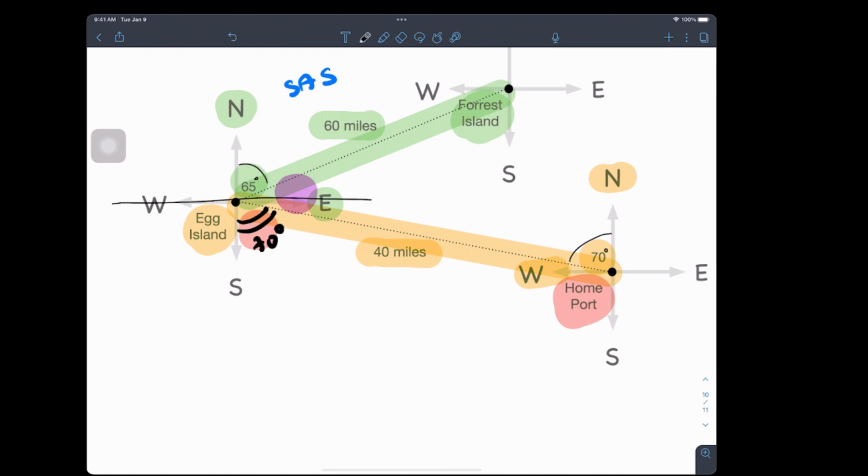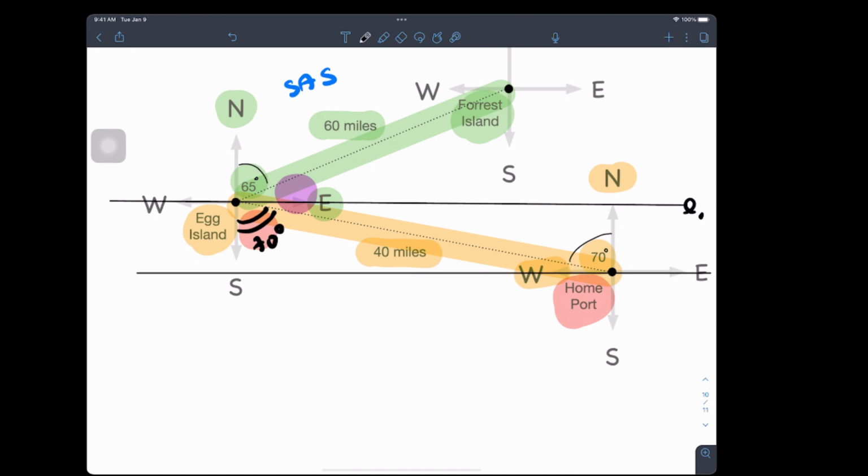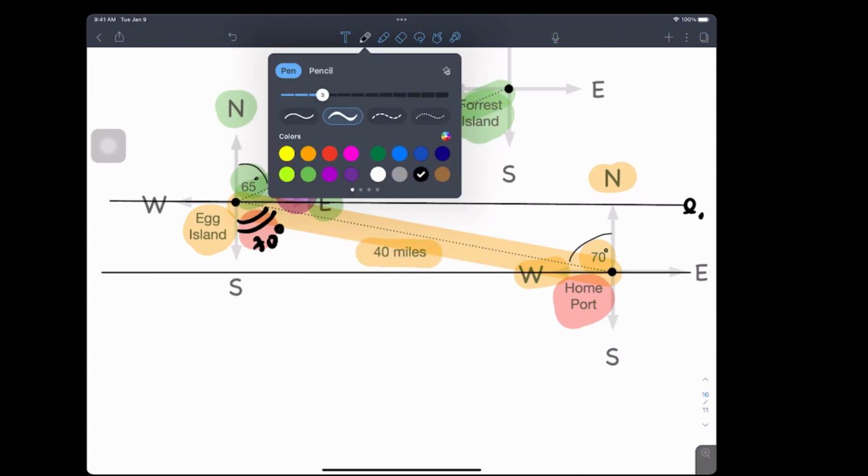You know what I'm going to do? Let me see if I can do that here. I'm going to move this line. And this is called what? L1. Then I'm going to create this line, if it lets me. Yeah, sorry, I have to do it this way. I'm going to call this line L2.